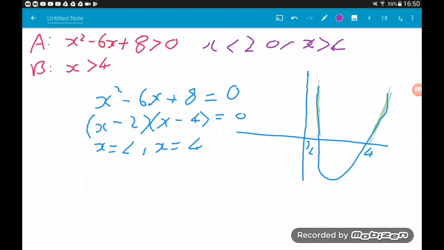So A does not imply B. On the flip side, does B imply A? So we know that if x is greater than 4, that quadratic expression is greater than 0. So yes, B does imply A. So our equivalence is B implies A, like that.